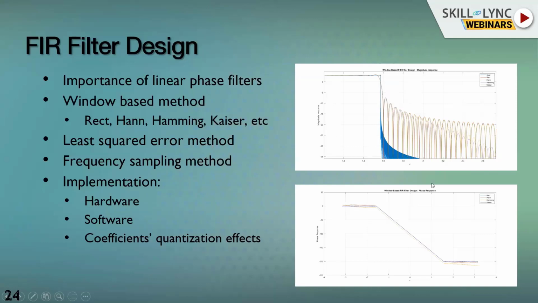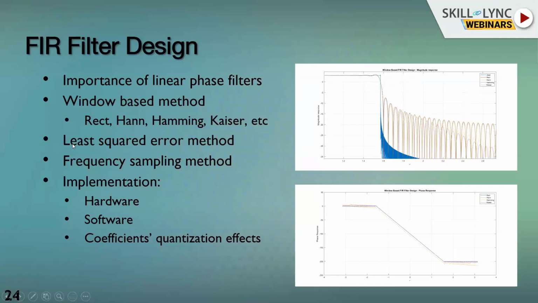These kinds of decisions are taken based on different constraints in our system, like how much computation we can do on the signal, or how many taps of filter. Sometimes the hardware limitation is such that we can only implement a 7 tap or 14 tap filter, so we have to live with these kinds of problems. But the job of a DSP engineer is to optimize these desired properties of the filter.